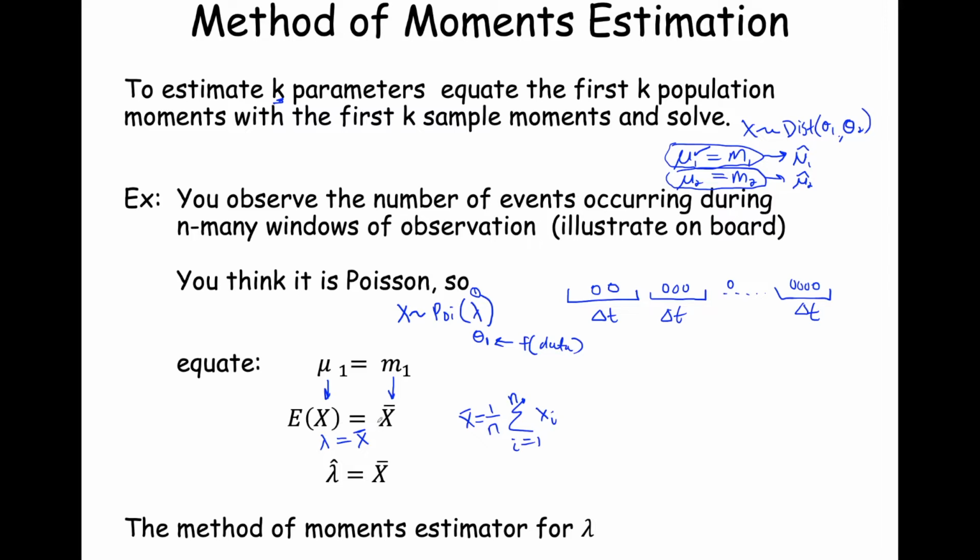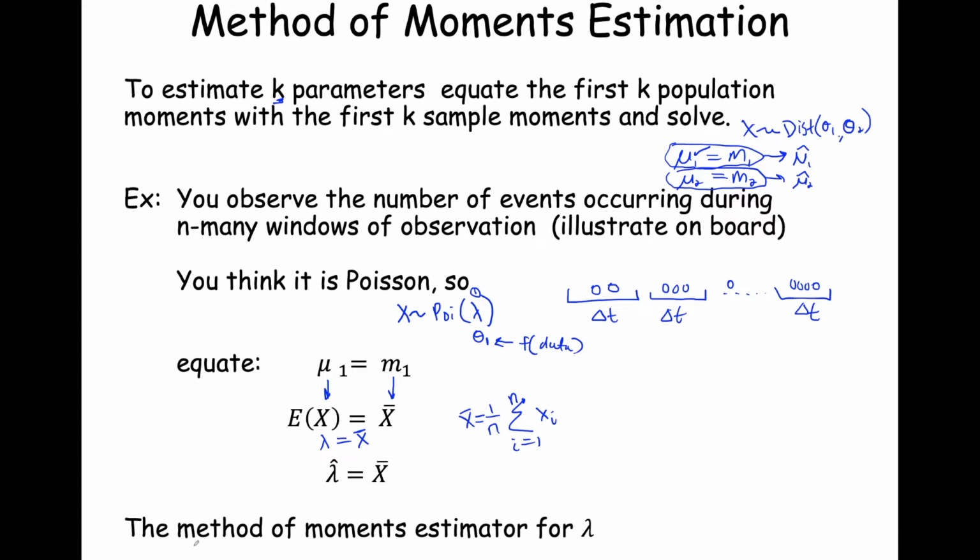And because it's a great replacement for lambda, we're going to write a hat over our lambda. We write this lambda hat to connote that this particular statistic is a good replacement for our lambda, where hat indicates estimator. So this is a so-called method of moments, or MME, estimator for lambda.